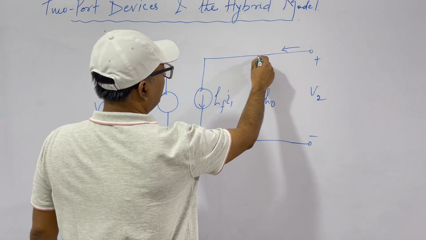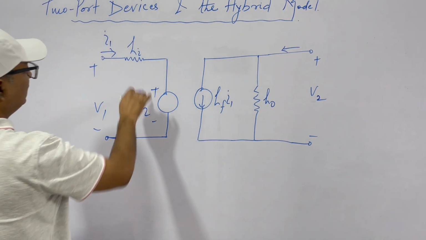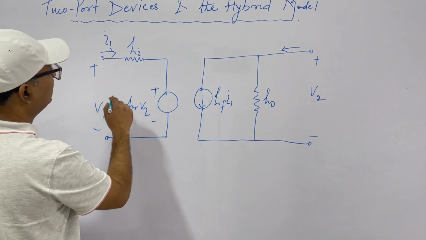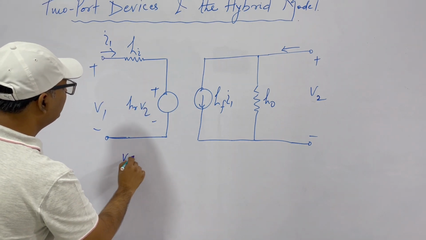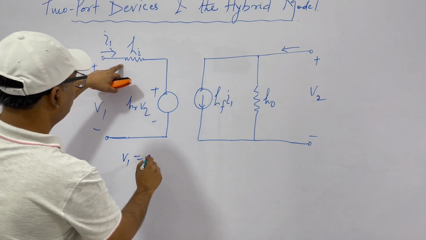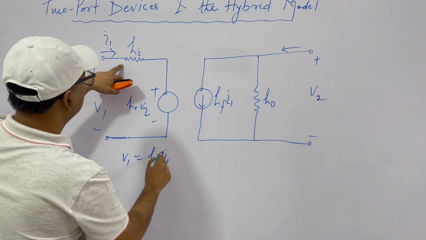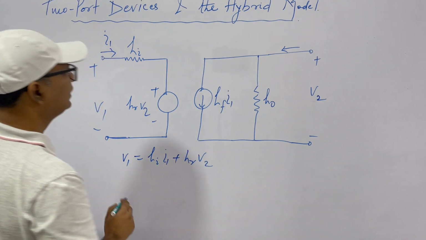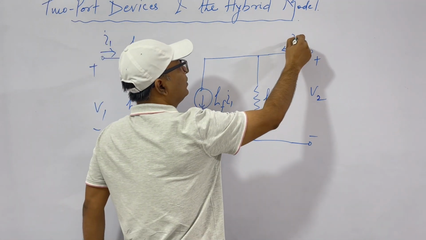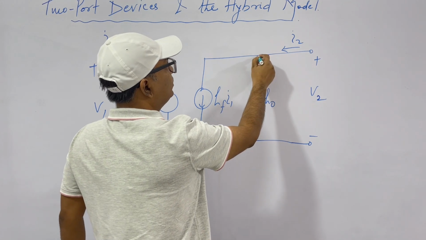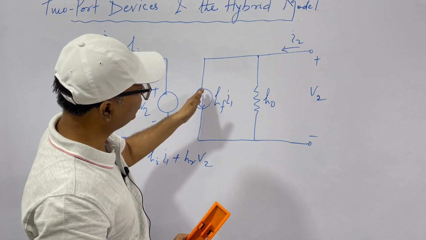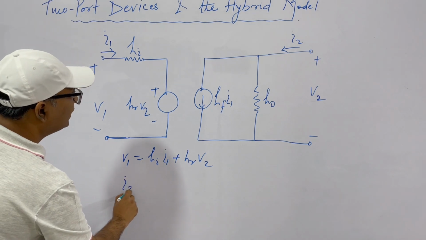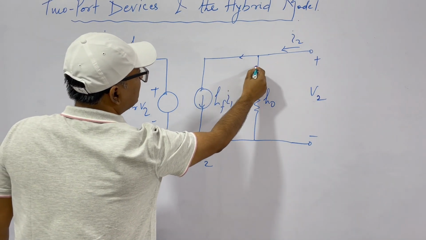Now if you analyze this, let's apply KVL in this mesh. We get V1 is equal to HI into I1 plus HR V2. Clear? And this is I2, our current. You do node analysis: this is a current source and this is a conductance. So I2 will be equal to this plus this.